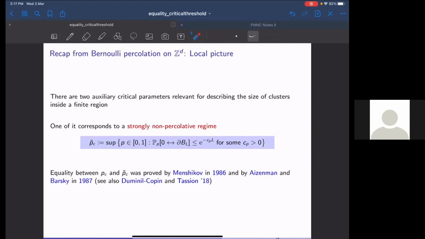But we would like to know more about it. For example, we would like to understand the local geometry of percolation clusters. What do I mean by that? Well, I would like to know, for example, in different phases, what is the distribution of the sizes of the clusters? How big are they?